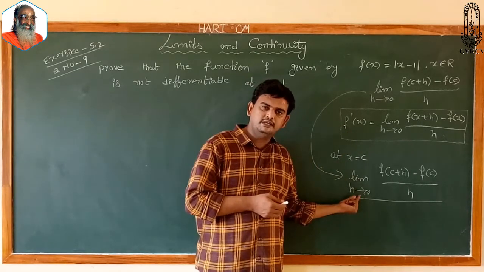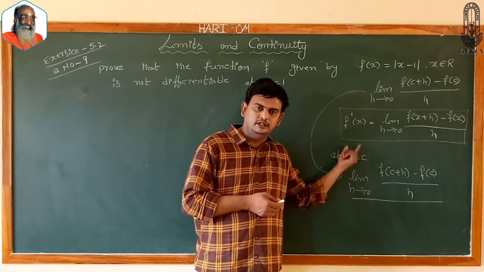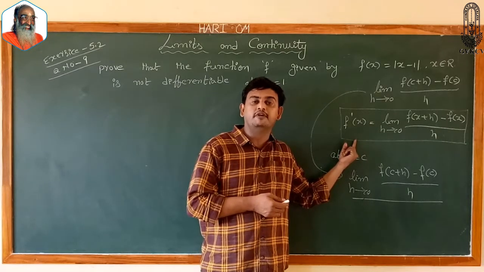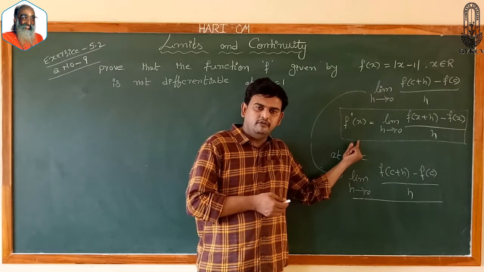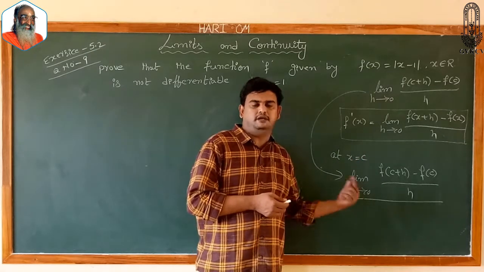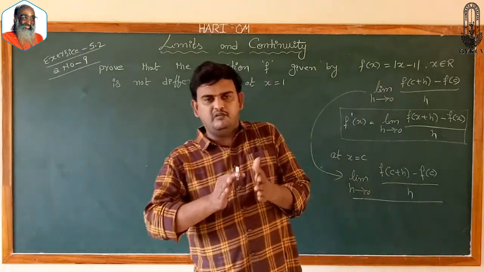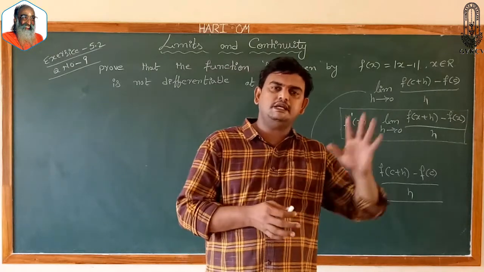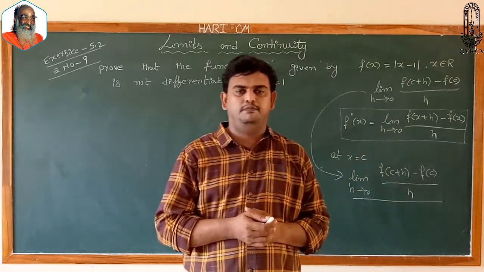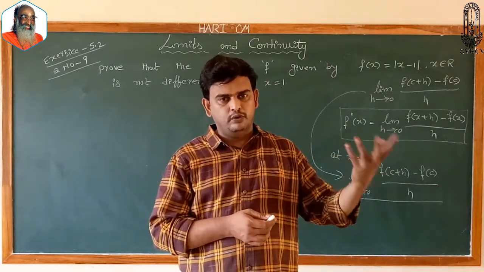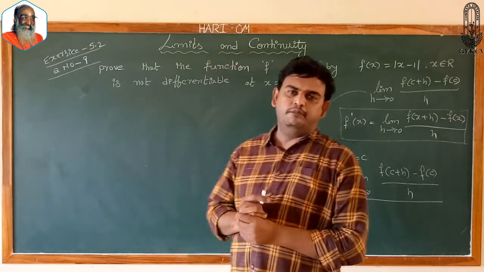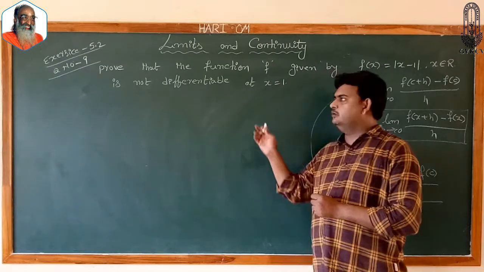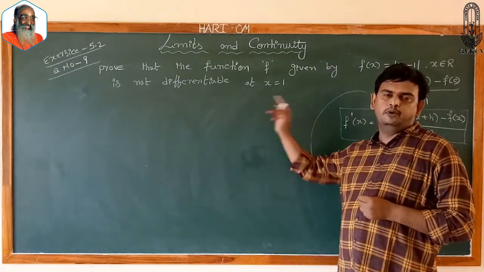If the limit fails, then there is no question of derivative. There is a link between the derivative as well as the limit. So when the limit exists at x is equal to c, then we have the derivative. Using that concept, now we are going to solve this problem.